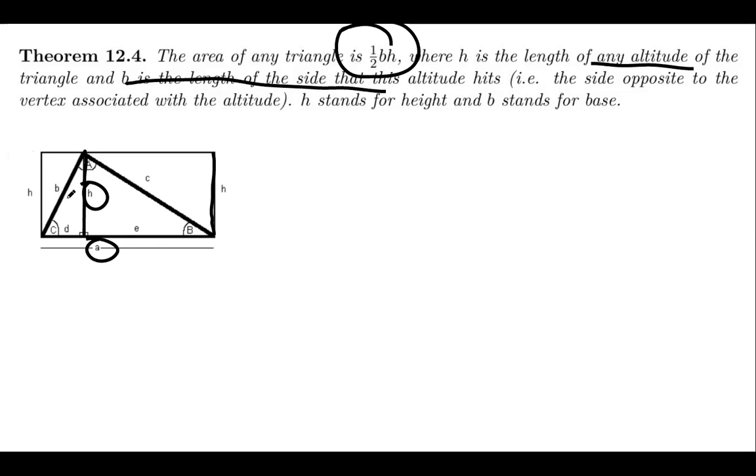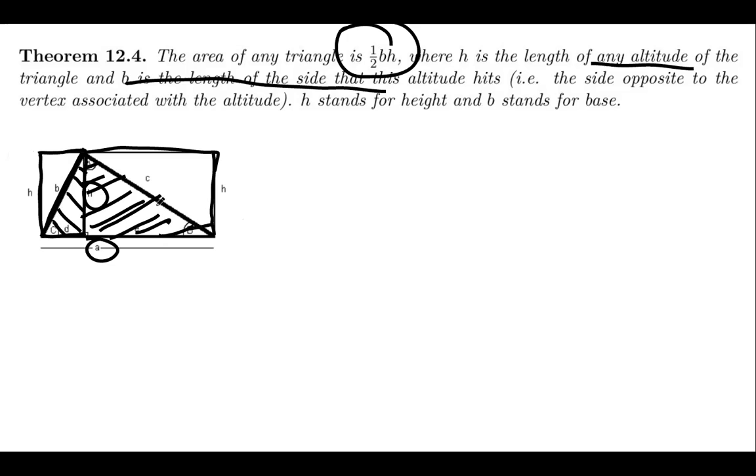And in each rectangle, the other side splits the rectangle in half. So this is half of the triangle, half of the rectangle. And on this rectangle, this is also half of the rectangle.